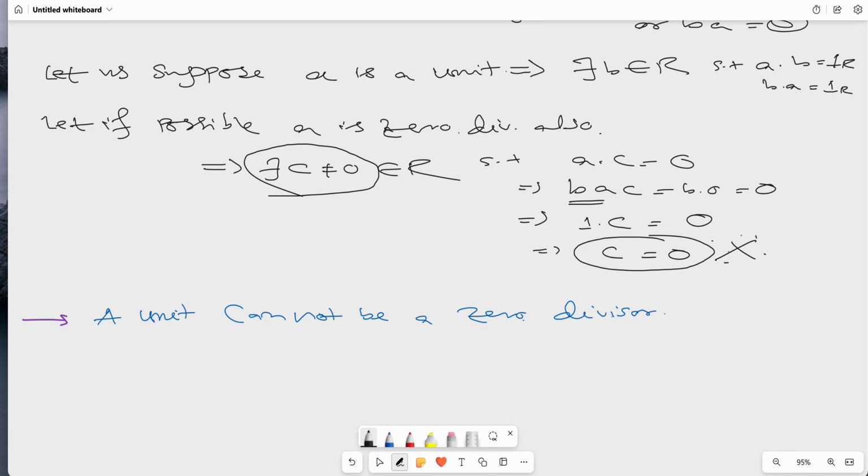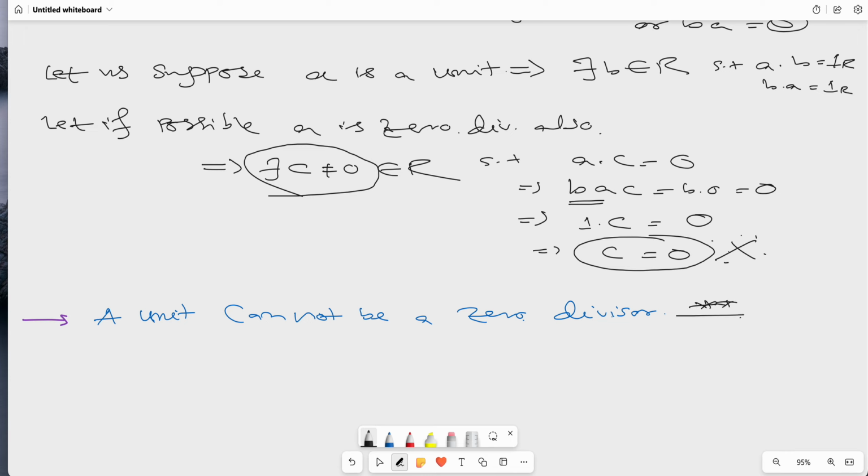Okay, a unit cannot be a zero divisor. This is not possible. Am I clear with the proof? I think you should be clear. This is a very easy and very trivial proof. So that's it. So let me define some more properties. This statement is very, very important.